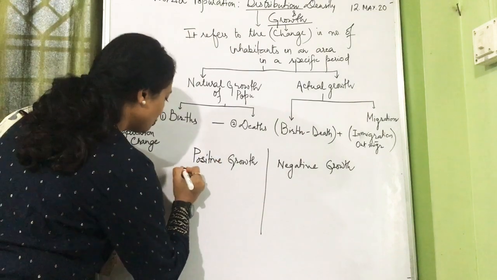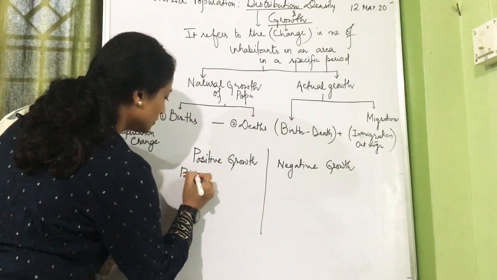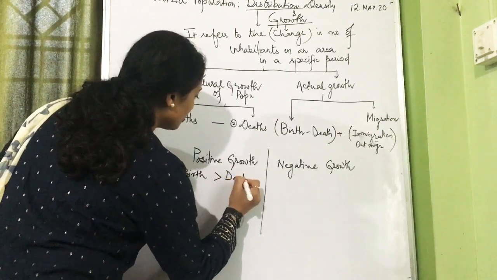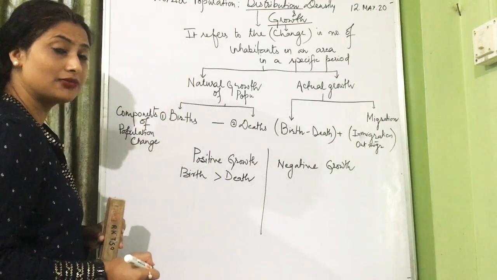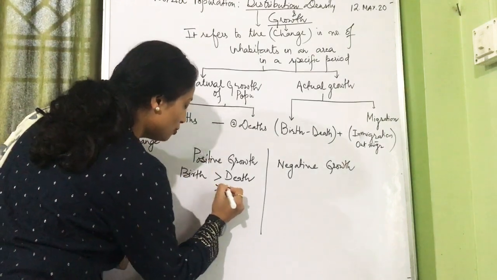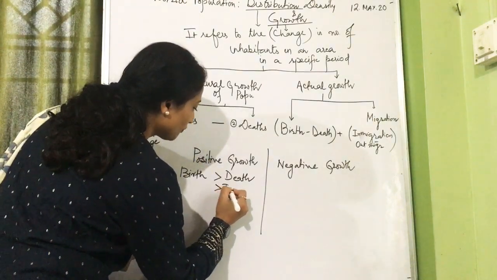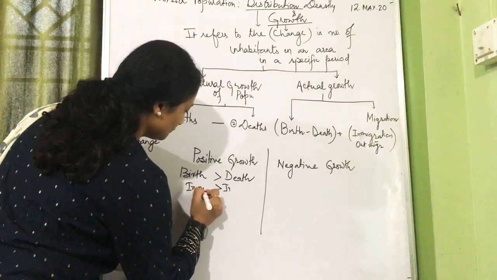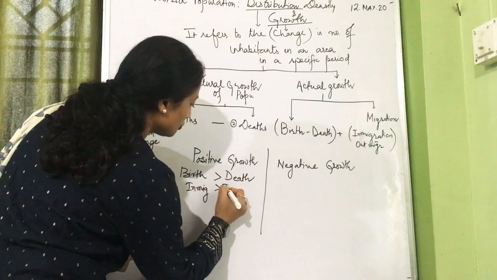What is positive growth of population? If births are more than deaths, we say that country has a positive growth, along with more in migration than out migration.